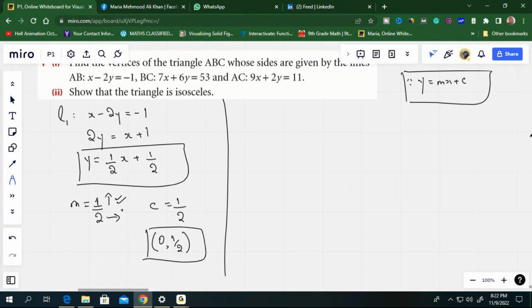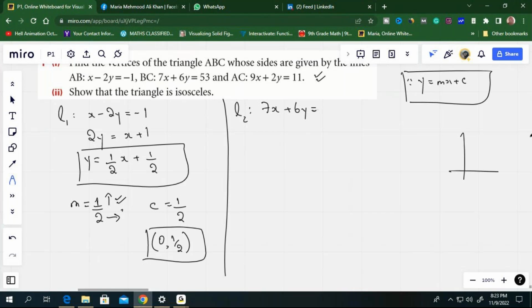Though we can find the vertices directly without sketching the graph, it is the etiquette of analytic geometry that whenever we get such questions, we first sketch them and then solve them algebraically. So we pick up our second equation.